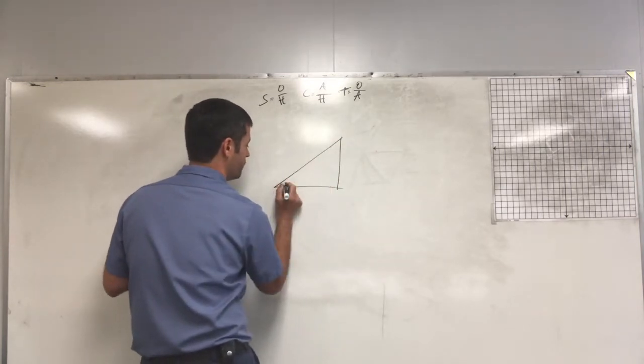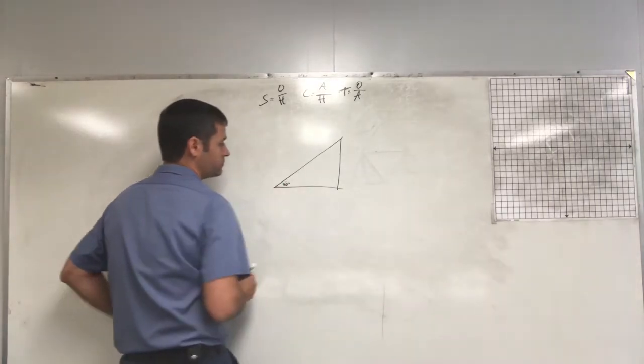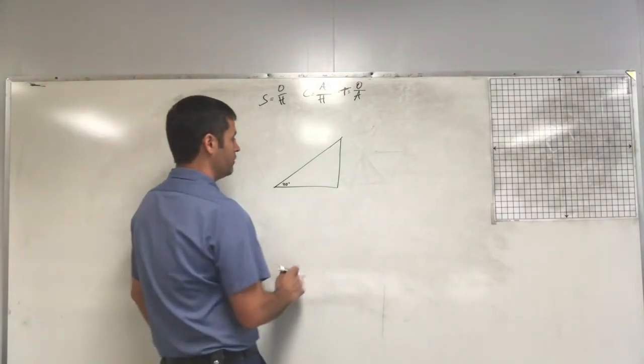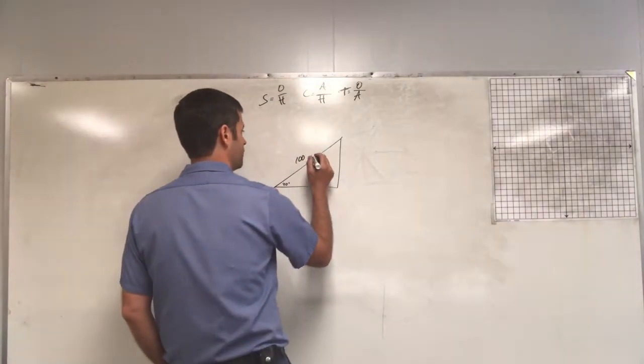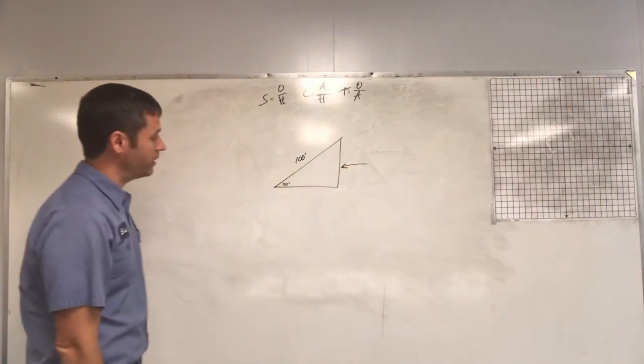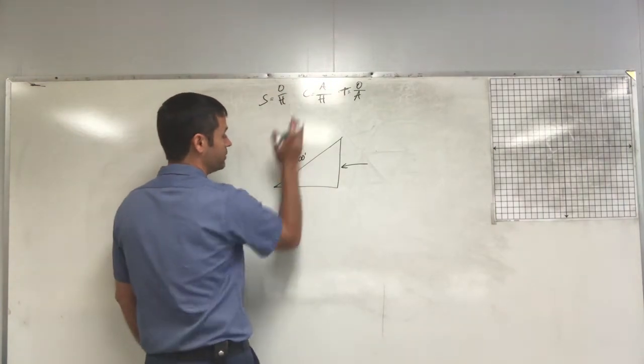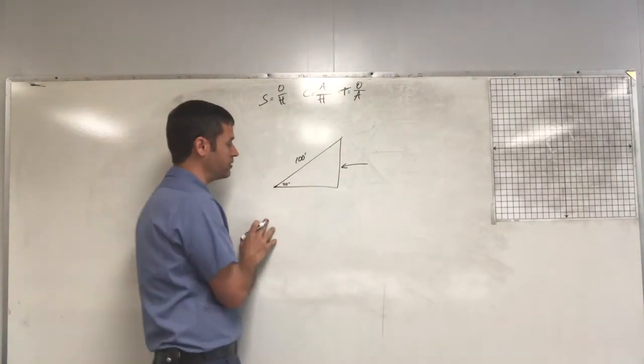If you have this angle measure of whatever, 40 degrees, and you know that this is 100 feet, and you need to find this right here, then your station here, this is where you're concerned from, so your references for these come from this one, which is referenced from this end.